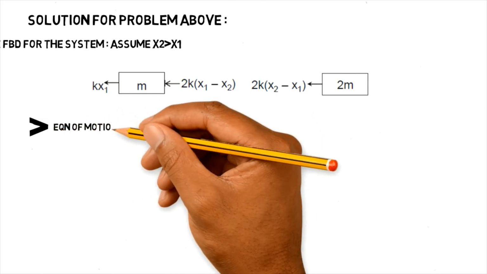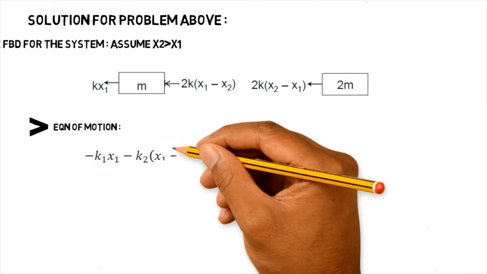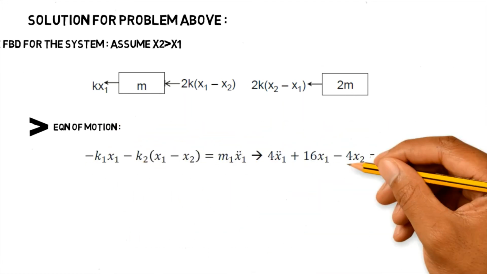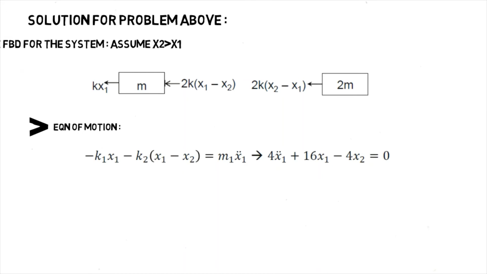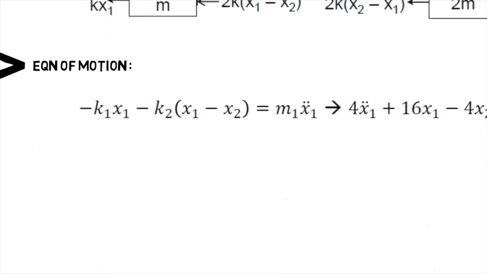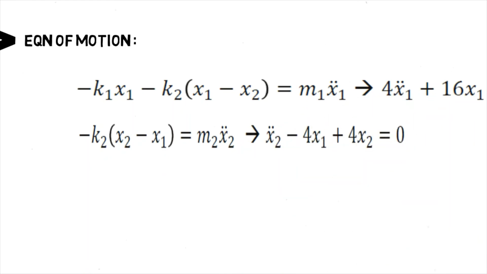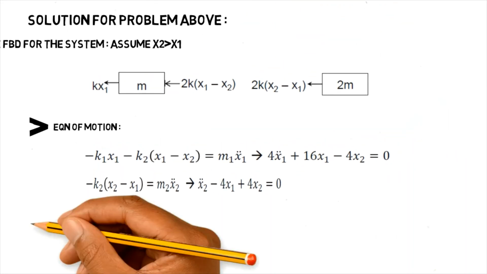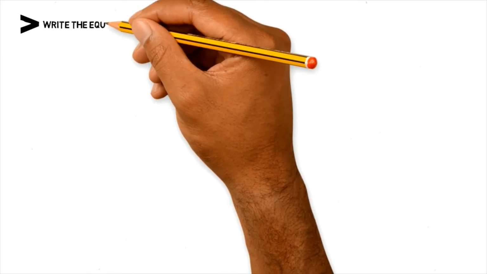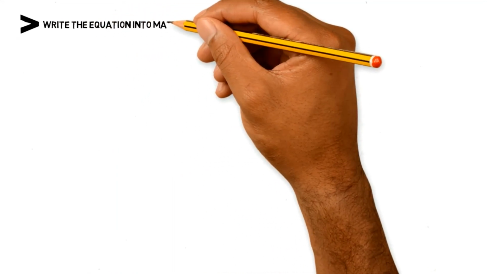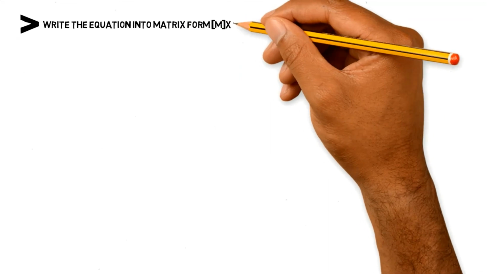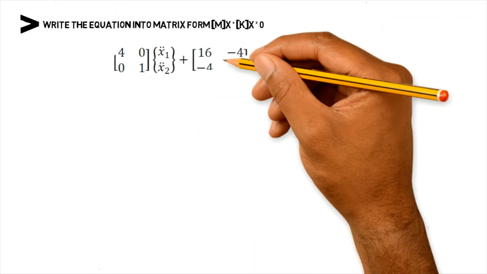The equation of motion is then arranged based on the FBD. To rearrange the equation of motion, the equation is then arranged in matrix form of m x double dot plus kx equals to 0.